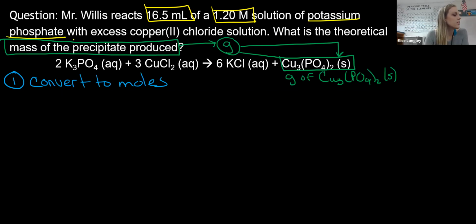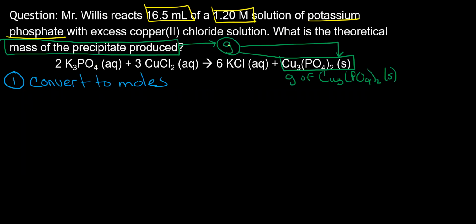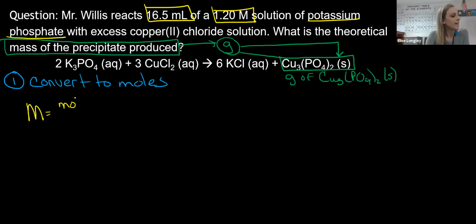Which one of those has the greatest potential to get us to moles? Molar equals moles over liters. Yeah, so you would use the molar. Yes, I could use this formula to find the moles.